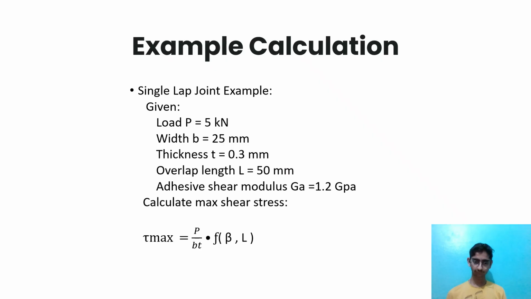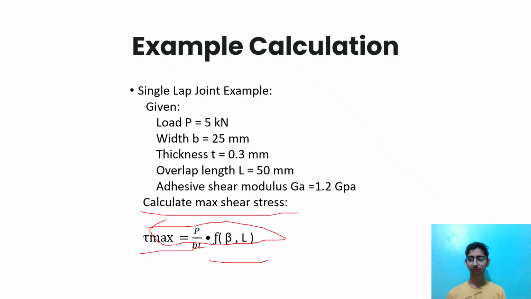They asked to calculate the maximum shear stress. From this formula, we can calculate tau max equals P by bt into f of beta comma L.